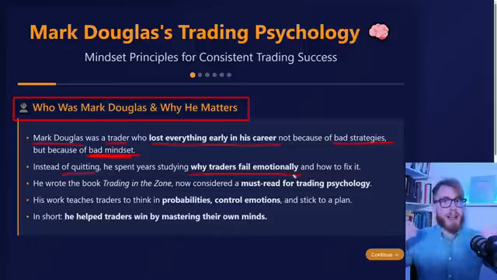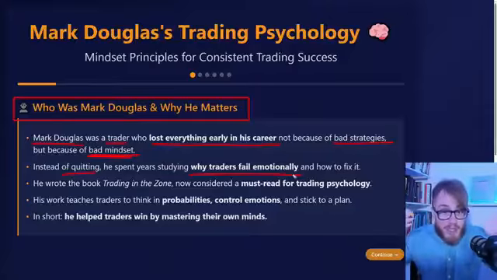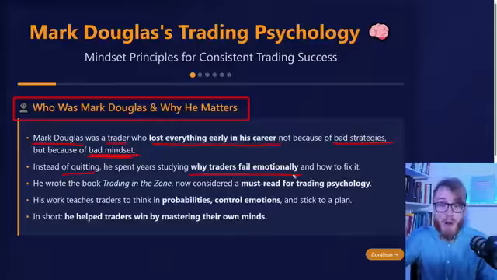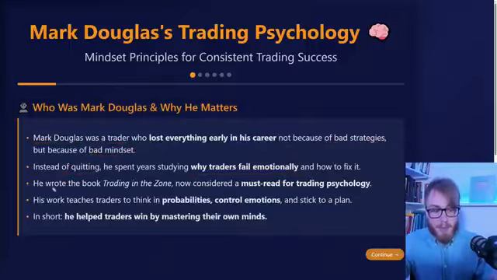Maybe this sounds familiar to you. Perhaps you had a trading plan, you knew exactly what you were going to do, but for some reason your mind made you either take profit too early, or sell something that you didn't plan to sell. So psychology is very important.